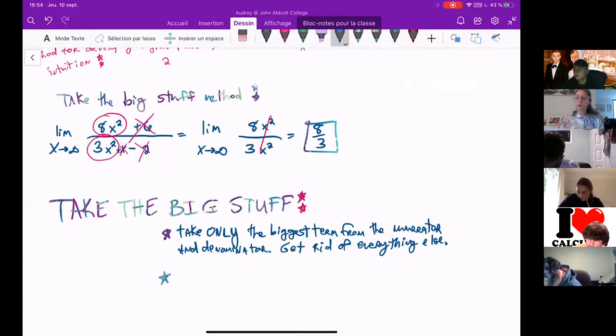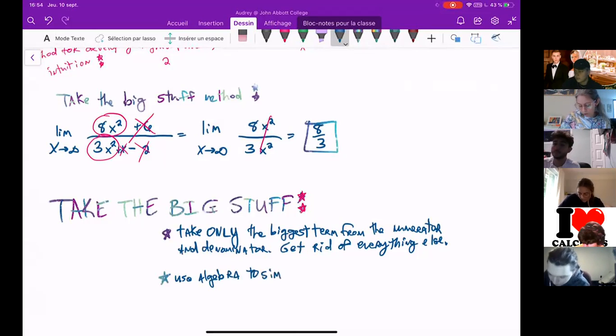Then we use algebra to simplify and plug in infinity again. And when I use algebra to simplify, I should have no plus or minuses left.